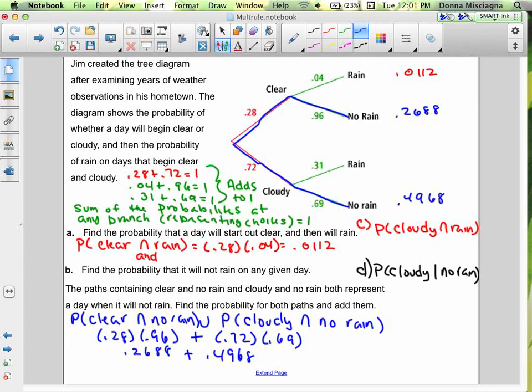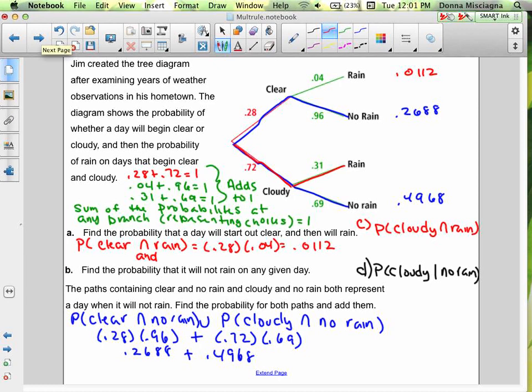So there's only one we didn't find. We didn't find the probability of cloudy and rain. Let's find the probability of cloudy and rain. All right, so now we take the cloudy path again, but now we go down the rain branch.